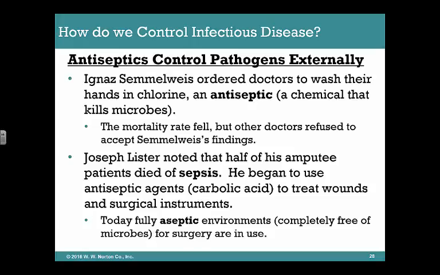And so today it's really important for the surgical suite to actually be what we call fully aseptic. We can't really say completely free of microbes, but it's almost completely free of microbes. Certainly the surgical instruments are completely free of microbes. They're sterile, and extra time is taken for the washing of hands of those involved in the surgery.